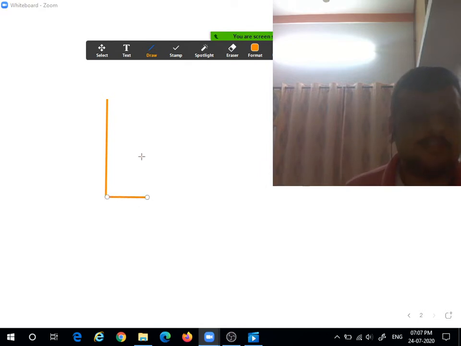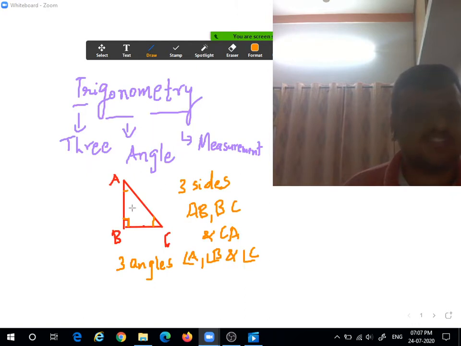This can be done with the help of the relations between the sides and angles of a triangle. It is always defined in a right angled triangle, students.